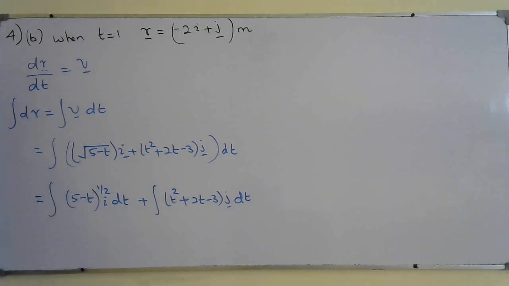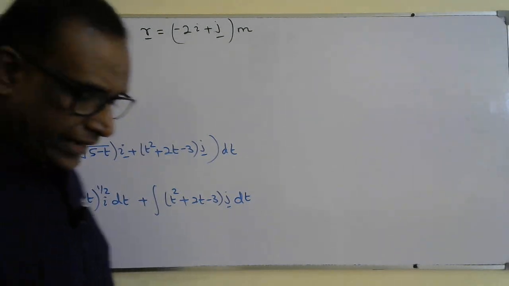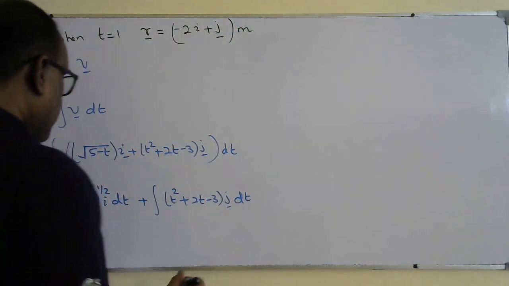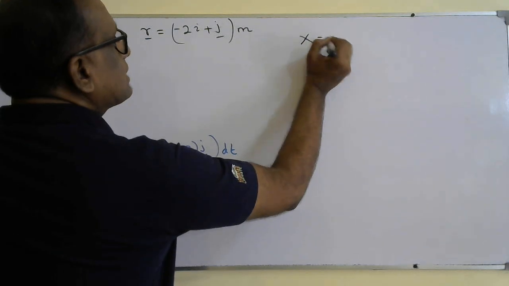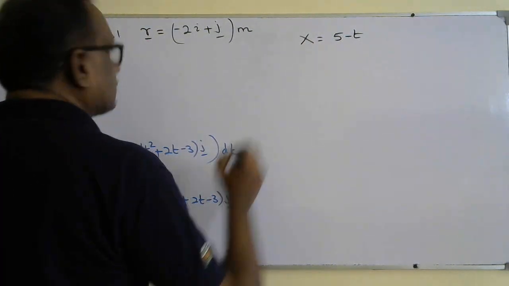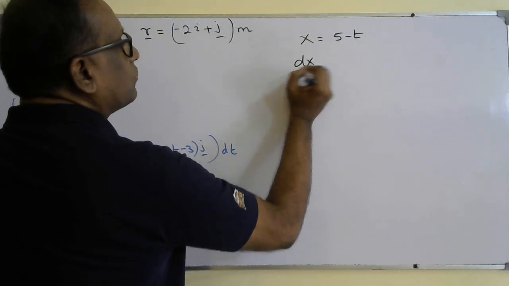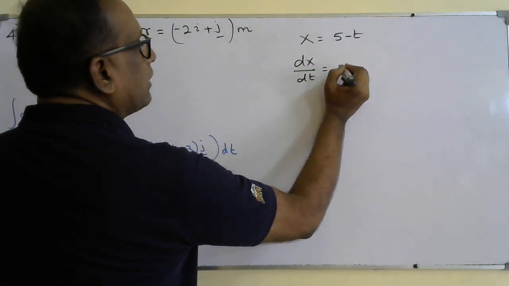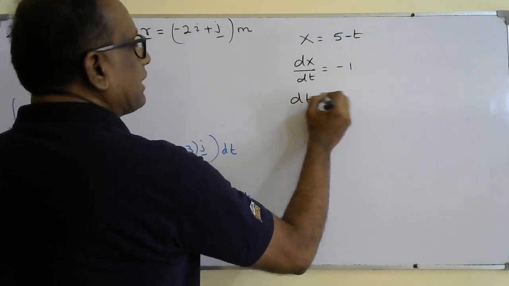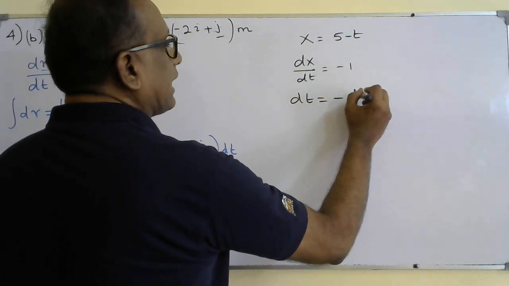How to integrate this one? It's a normal thing. You can do a substitution if you want. Let capital X equal 5 minus t. So dx over dt equals minus 1, so dt is equal to minus dx.